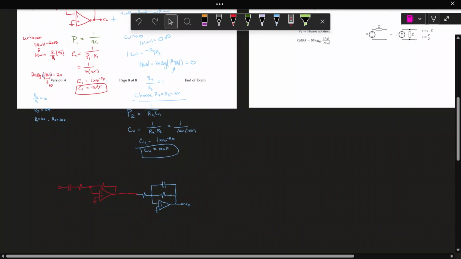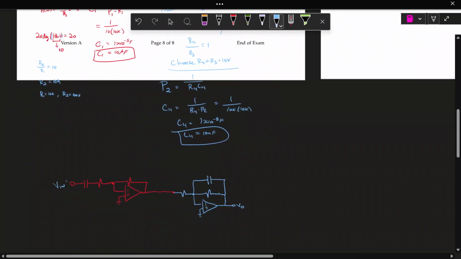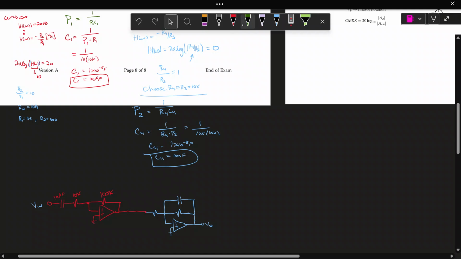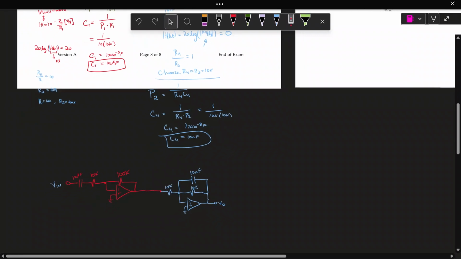And VO is there. Perfect, and VN is here. Okay, now let's label our values. C1 is 10 microfarads. R1 was 10k ohm, right? 10k. R2 was 100k. Now we chose R3 and R4 are both 10k. And C4 was 10 nanofarads. There we go, we're done.